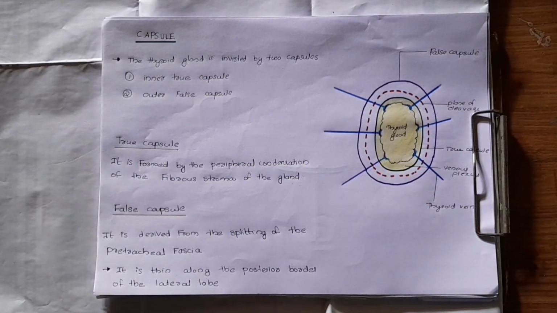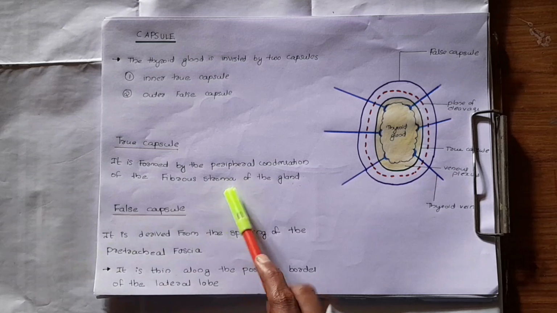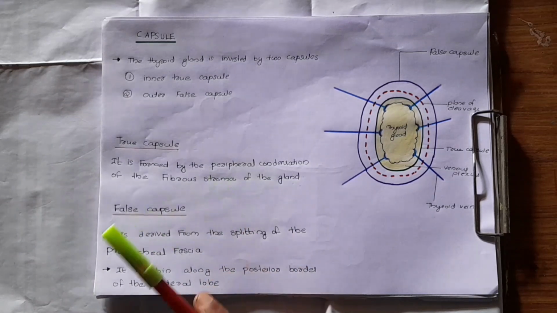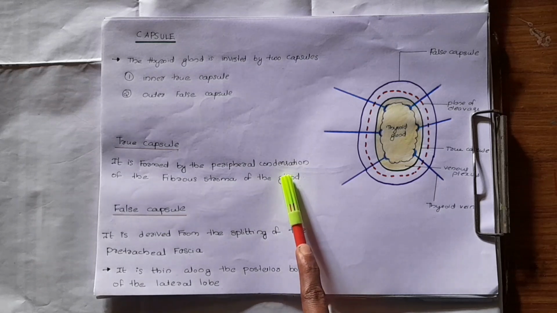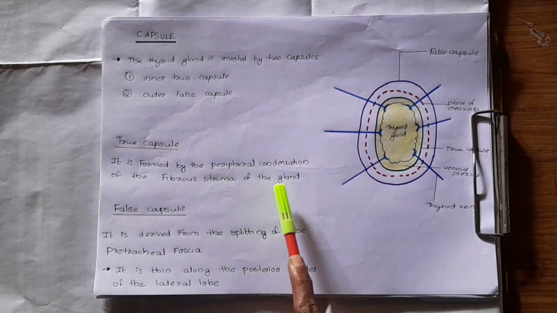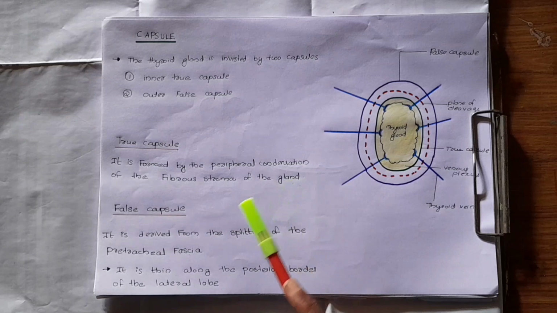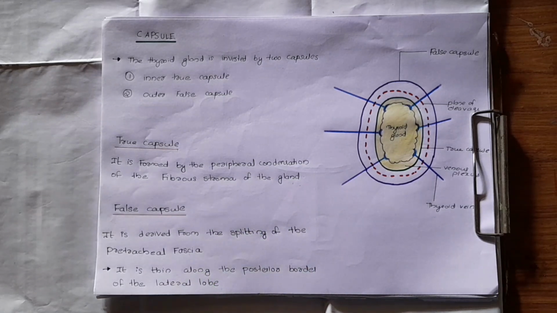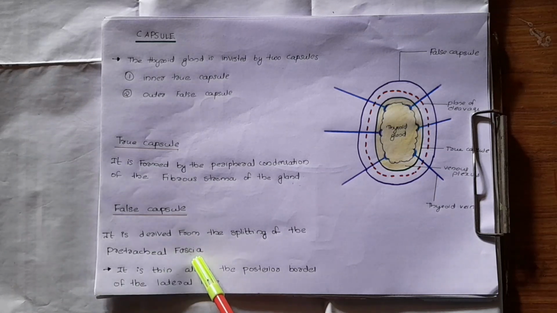And the true capsule is formed by the peripheral condensation of the fibrous stroma of the gland. And what about the false capsule? It is derived from splitting of the pretracheal fascia.